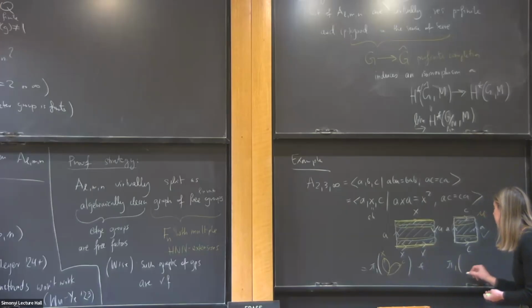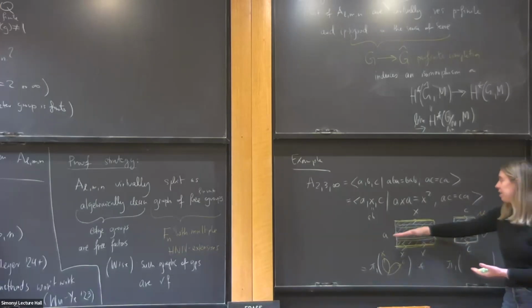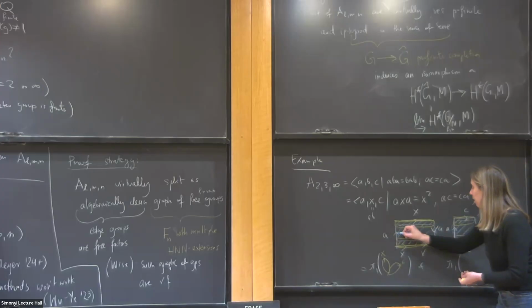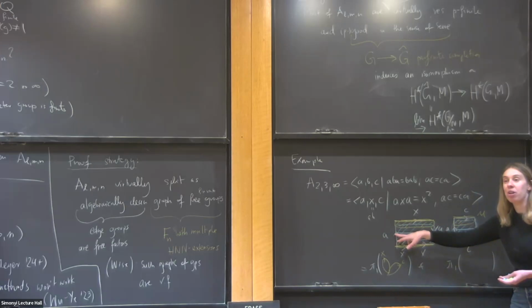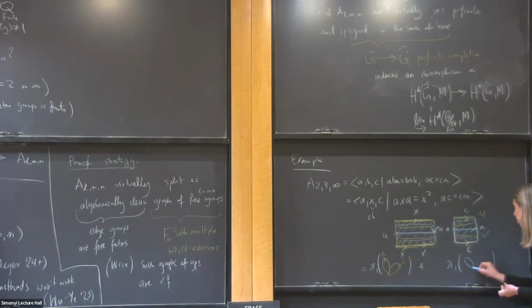The fundamental group of the blue is something that retracts onto a graph that just cuts those two cells horizontally. So it intersects those edges at the midpoints of a, and so it has two lobes with a vertex at a.